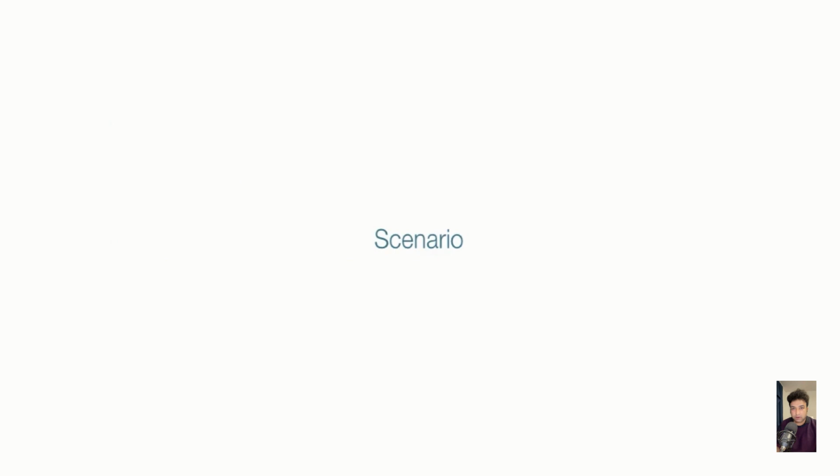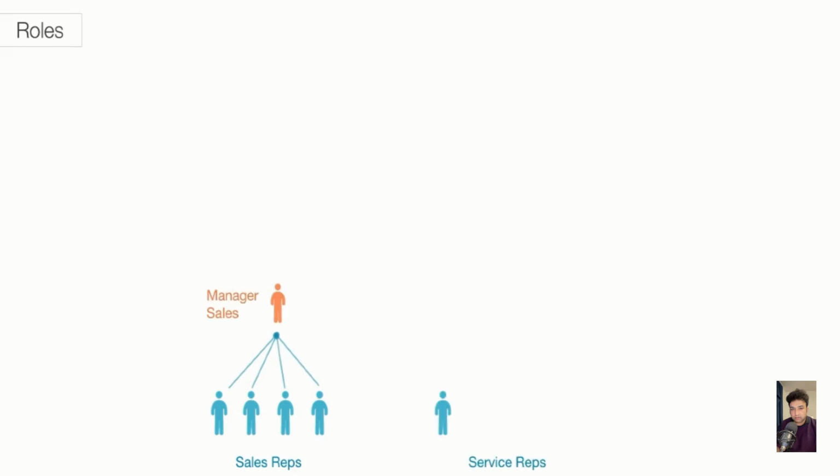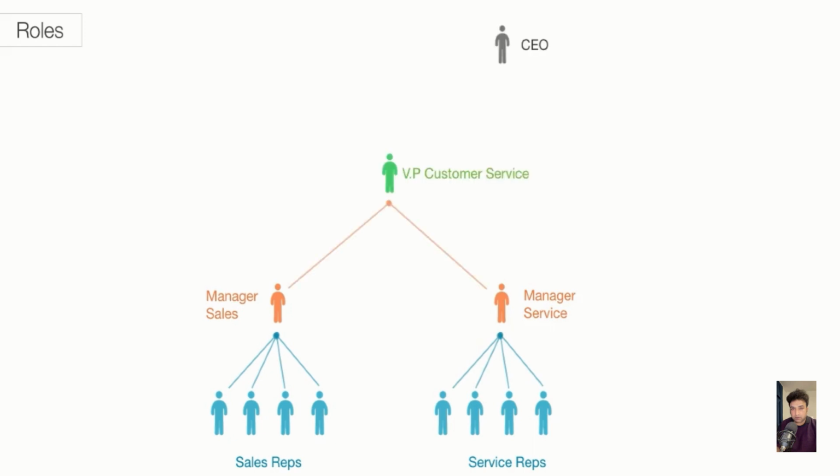Let's talk about a scenario. Within an organization, you have a couple of sales reps who report to the sales manager, and you have service reps who report to the services manager, and both these managers report to the VP, and the VP in turn reports to the CEO. In the scenario, all records that are accessible by the sales reps need to be visible to the manager, and the VP, and the CEO.